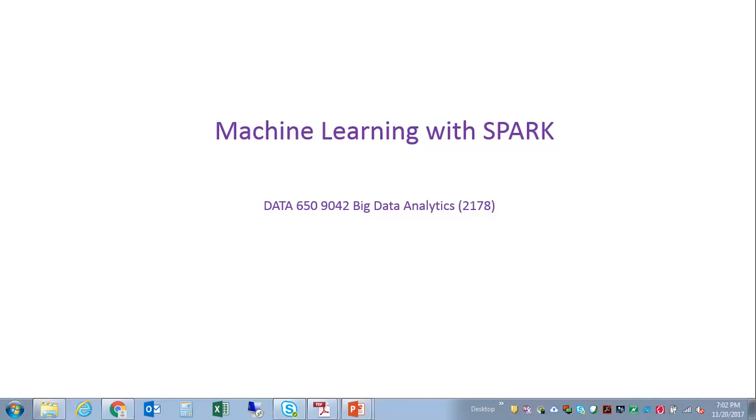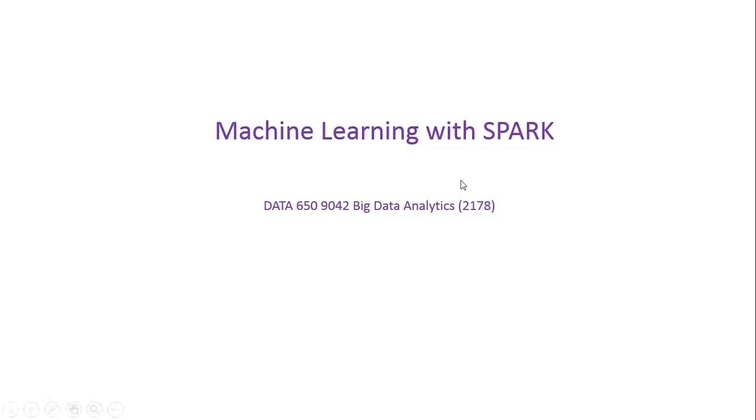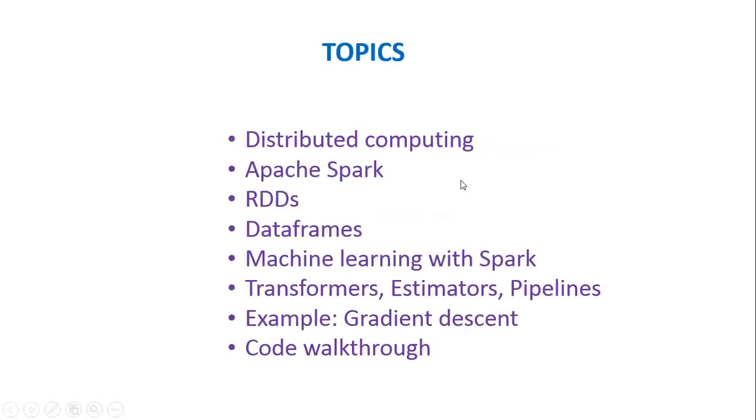Okay, so today we are going to cover mostly Spark concepts and how the Spark platform can be used for machine learning. I will start with a brief refresher on distributed computing, including MapReduce, which you are already familiar with.